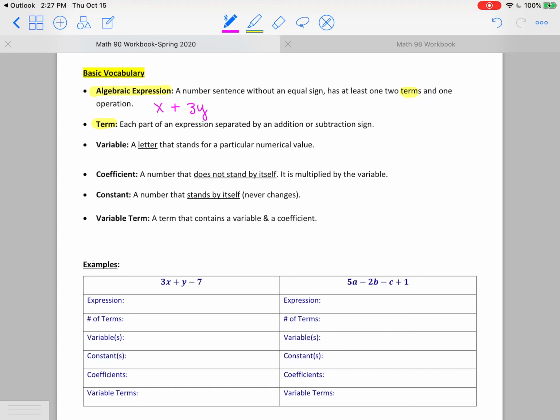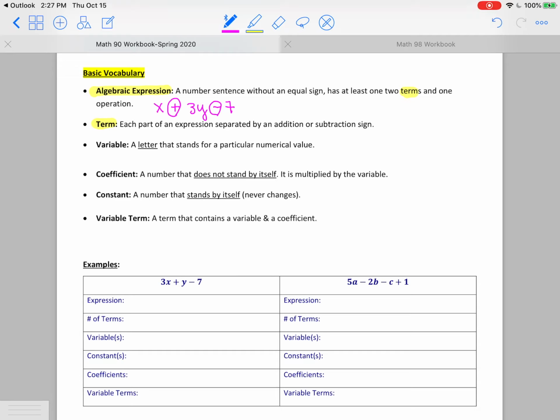It's what we call a variable term. The x is also a variable term. And maybe we decide to throw in a -7. So that's what we would consider a constant. We call that a constant. That's coming up here in a minute. We're going to talk about that. So here we have three different terms, and you notice that they're separated by an addition and subtraction sign.